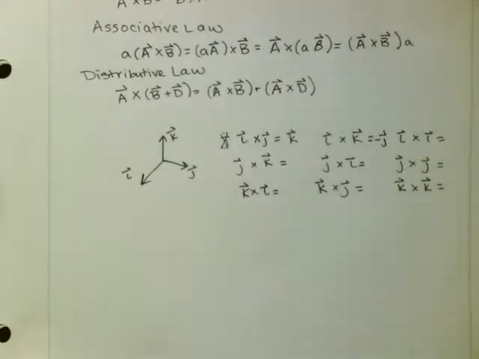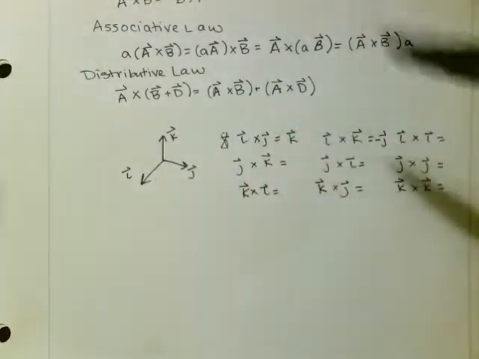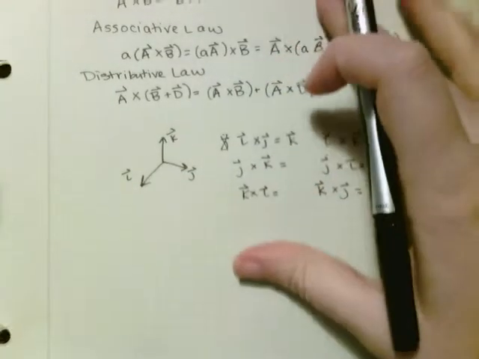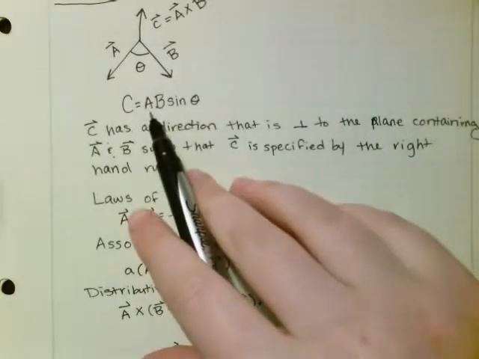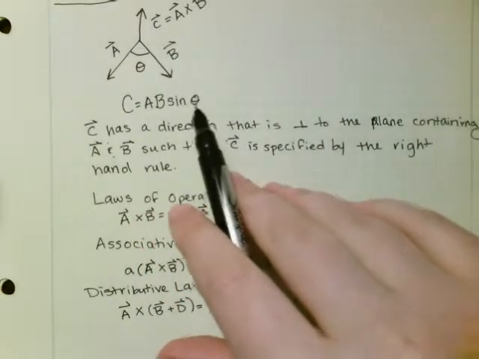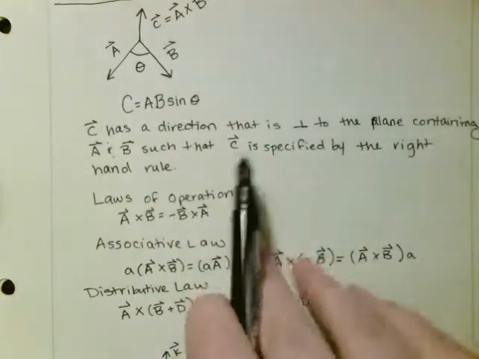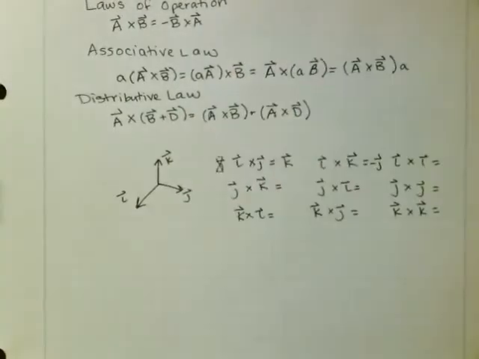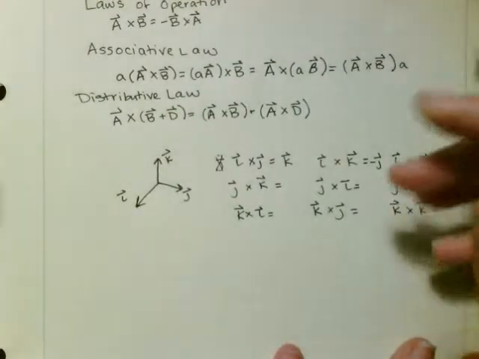And now for this one, I cross I, the angle between I and I is 0. The magnitude of the cross product is AB sine theta. So sine of 0 is 0. So that would mean that there is no cross product for I cross I. It's 0. Okay.